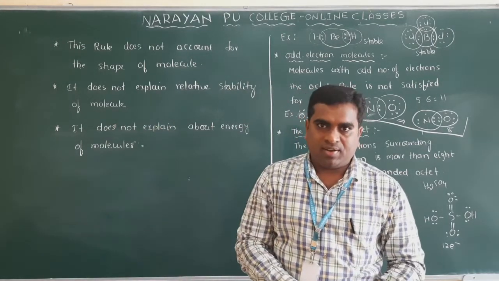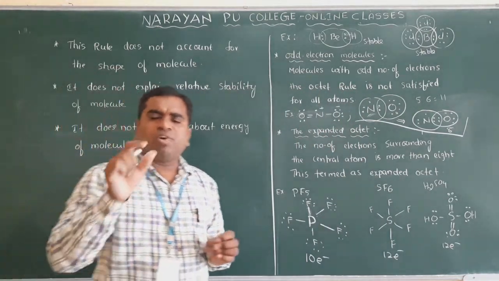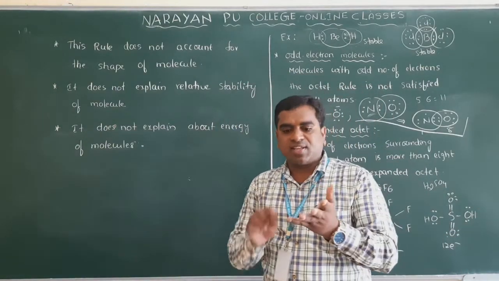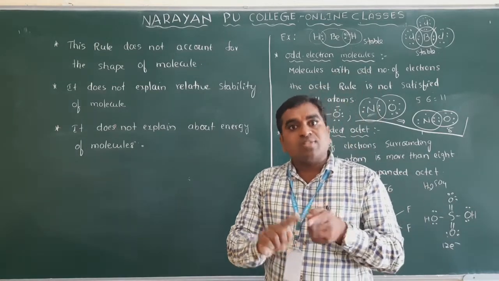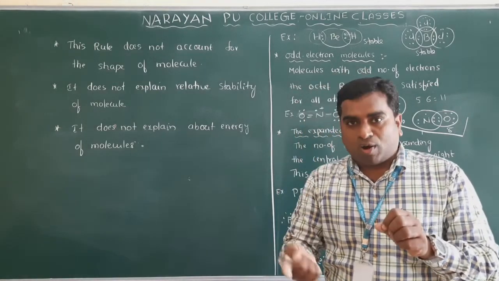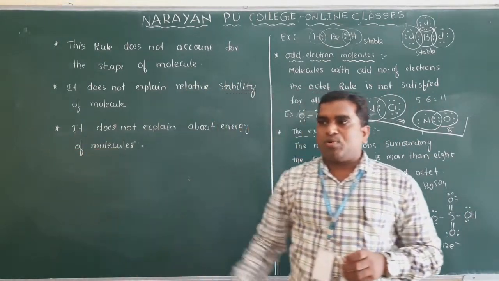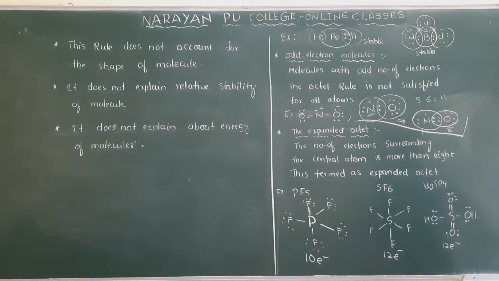He couldn't explain. So these are the limitations of the octet rule, very important for your PU examination. The exceptions are mainly three cases: incomplete octet of the central atom, odd number of electrons, and extended octet. These are the limitations of the octet rule.